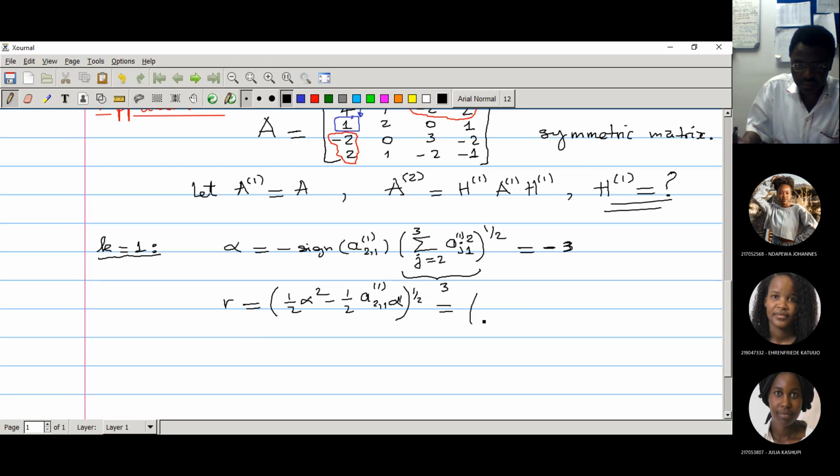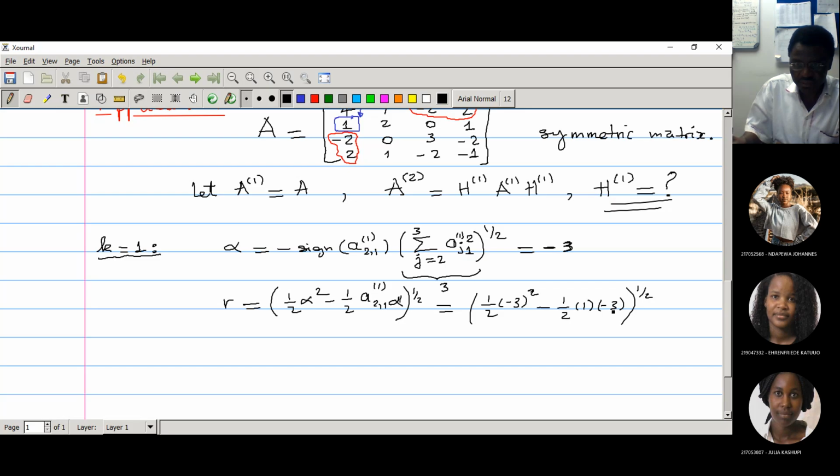So what is that? 1/2 negative 3 square, minus 1/2, that entry is 1, into alpha negative 3. And we take the square root of that. So this is 9, right?